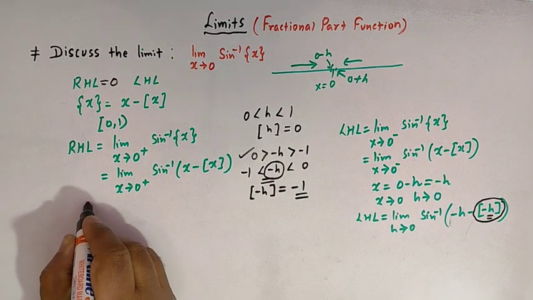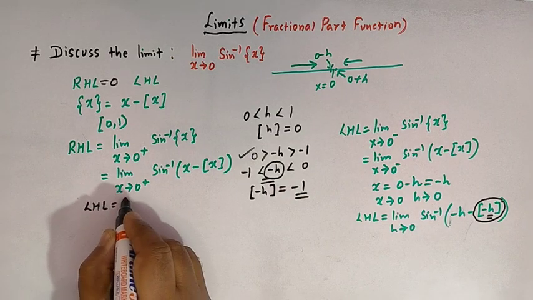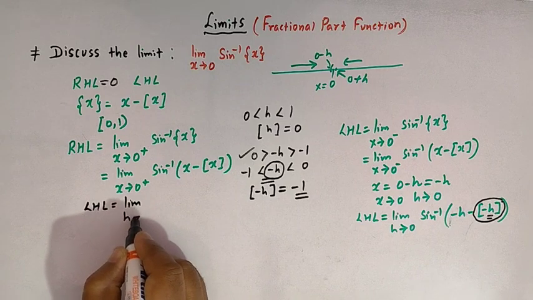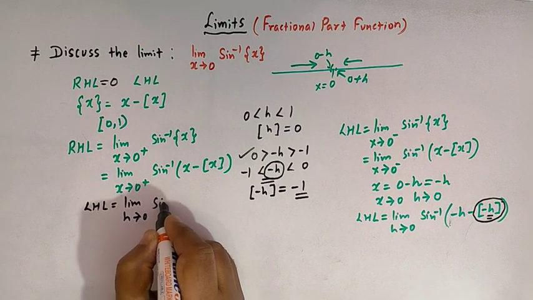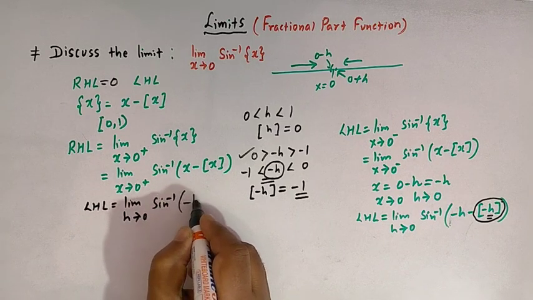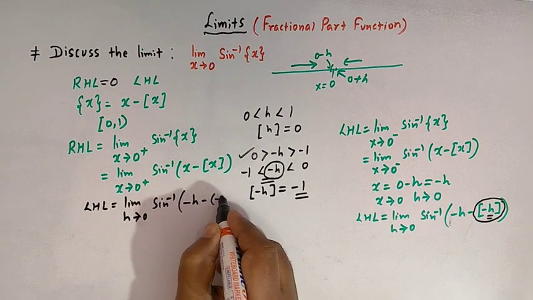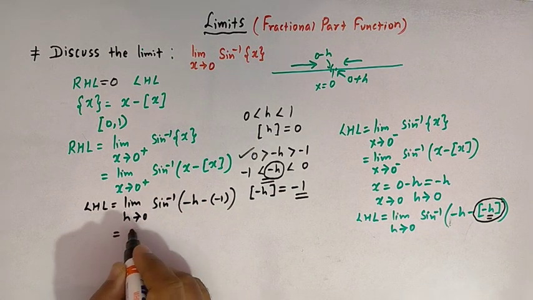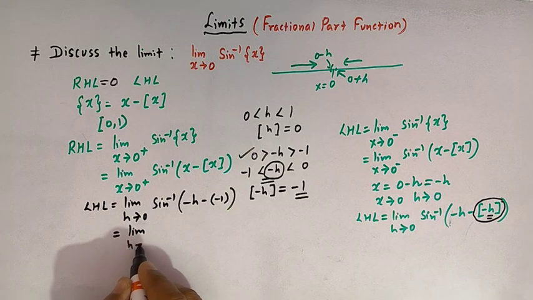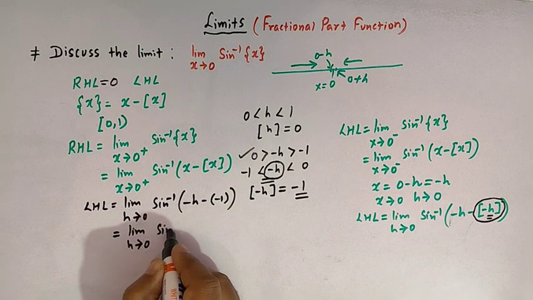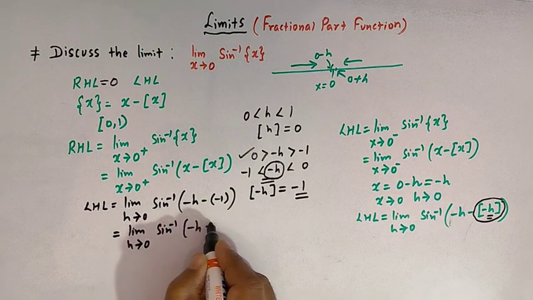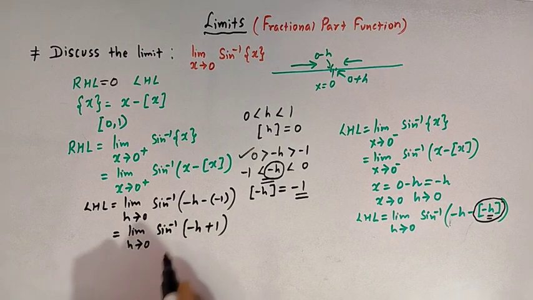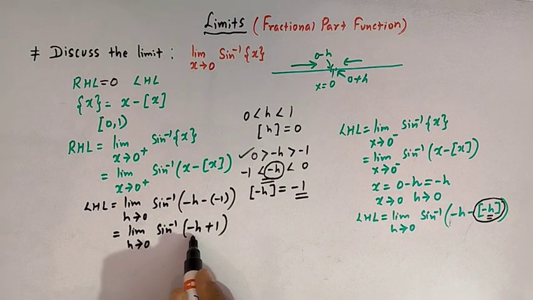So now the left hand limit is equal to limit h tends to 0 of sine inverse of minus h minus minus 1. So this is limit h tends to 0 of sine inverse of minus h plus 1. Now we can take h is equal to 0 here.